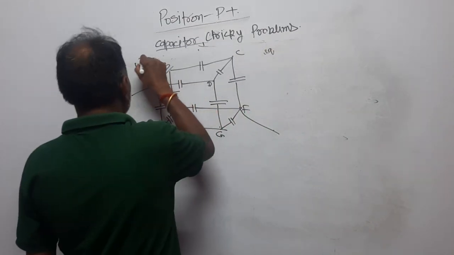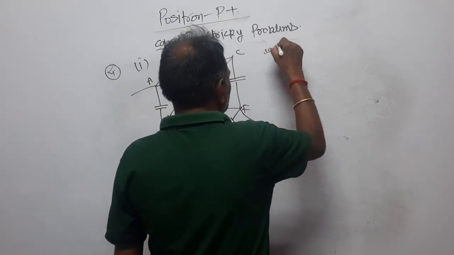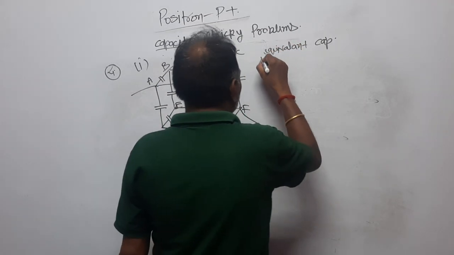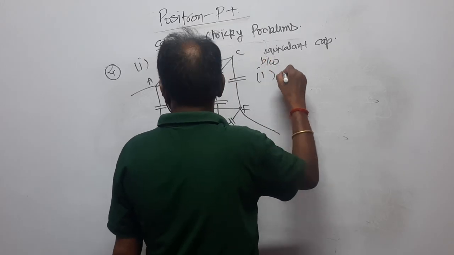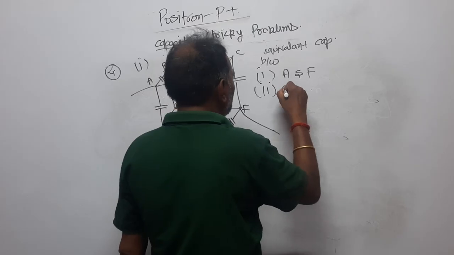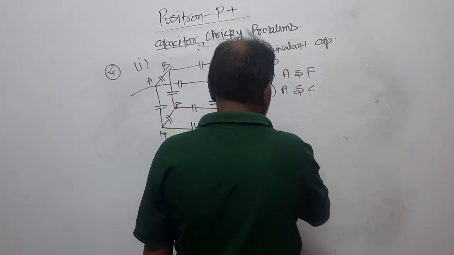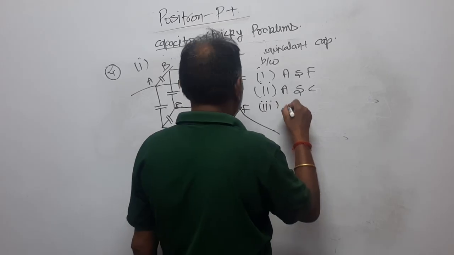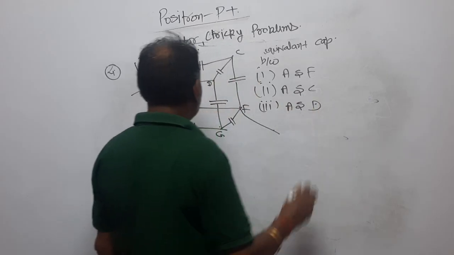This is the first part. Equivalent capacitance between, first, A and F, second, between A and C, third, between A and D, like this.